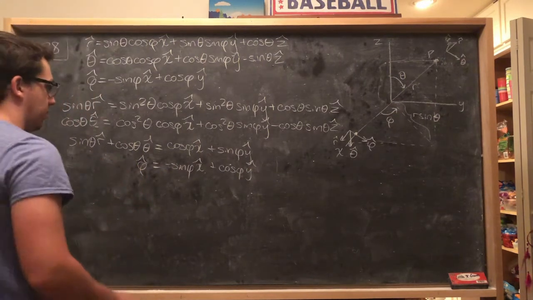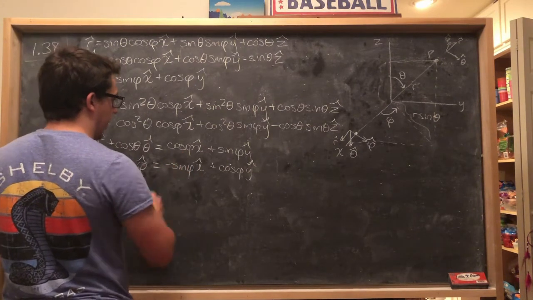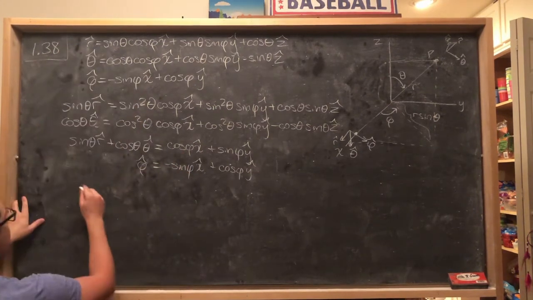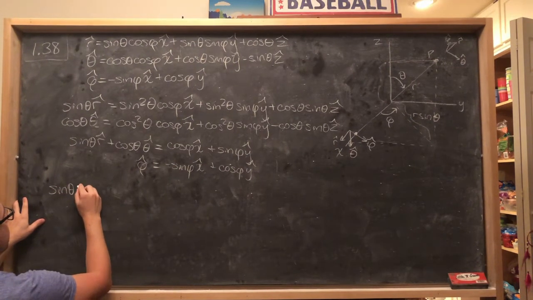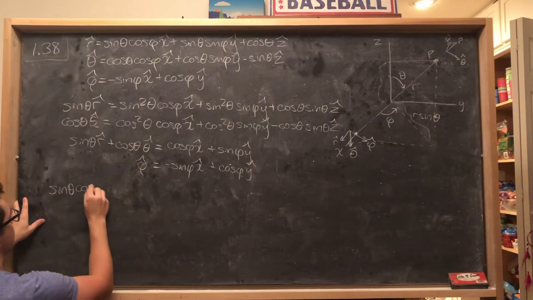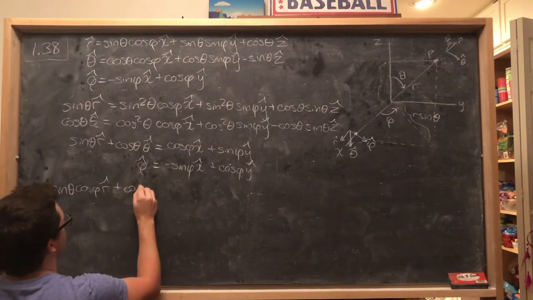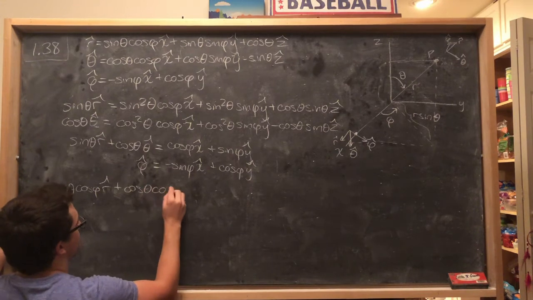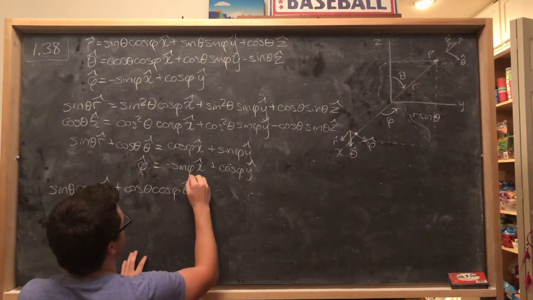So, for example, we could multiply this out by cosine phi. So we get sine theta cosine phi r hat plus cosine theta cosine phi theta hat.